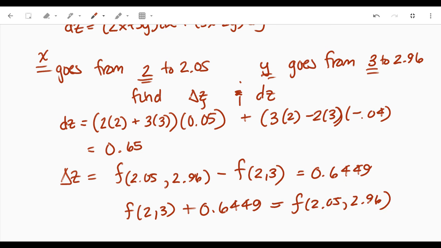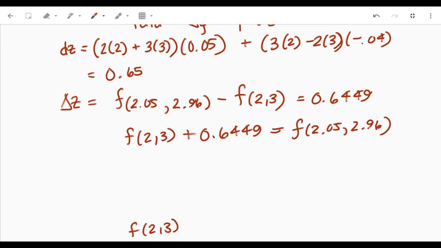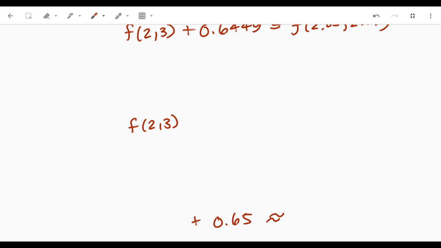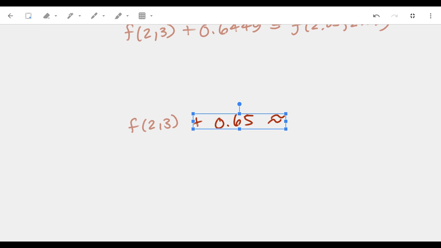If I were to get f of 2.3 and add my differential to it, 0.65, I'll get an approximation. I'm sorry, you guys, it's not scrolling well here.